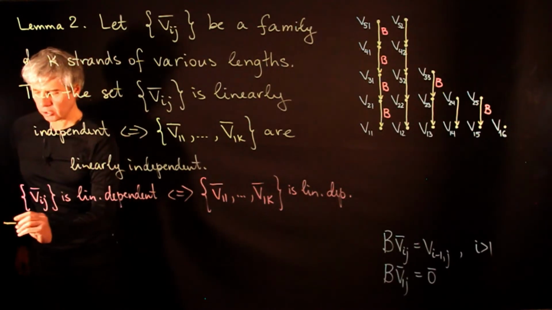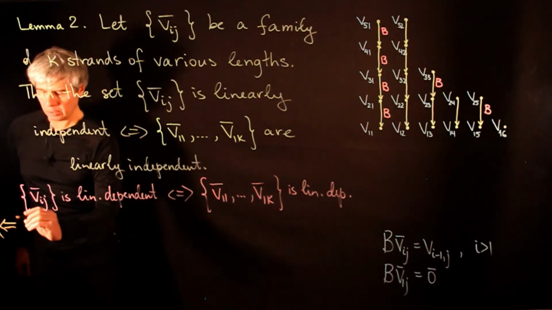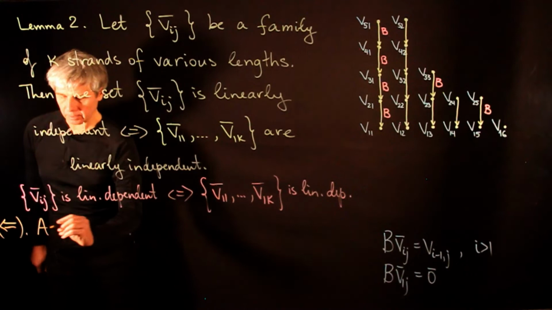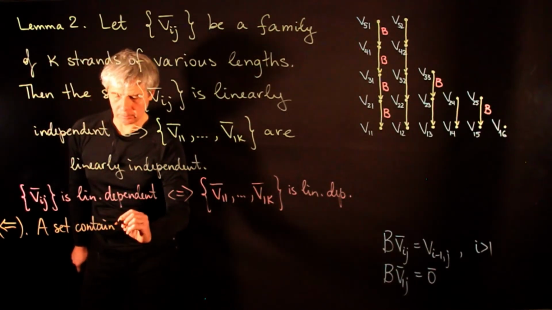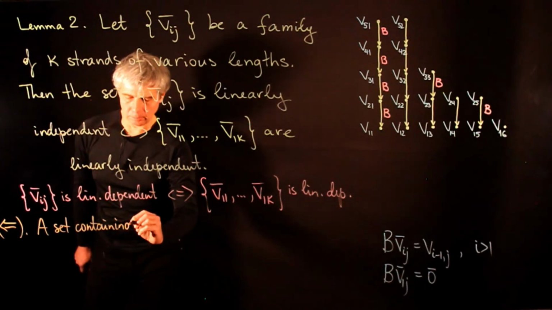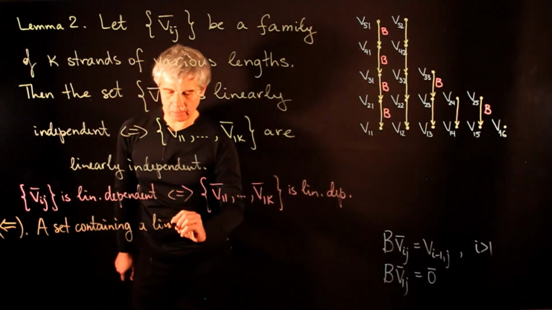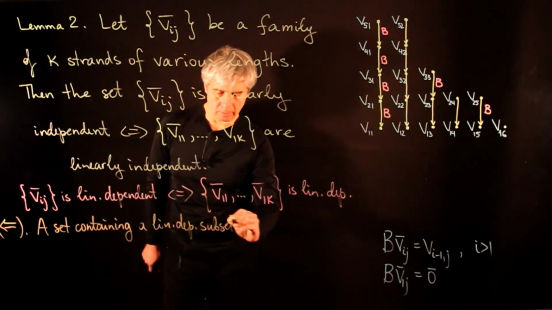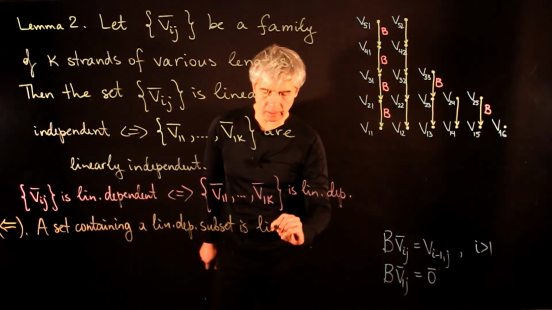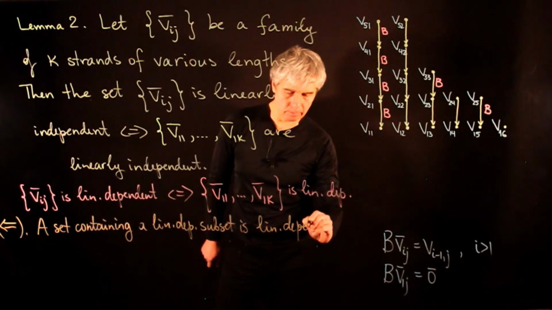The backward direction here is immediate, since a set containing a linearly dependent subset is linearly dependent itself.